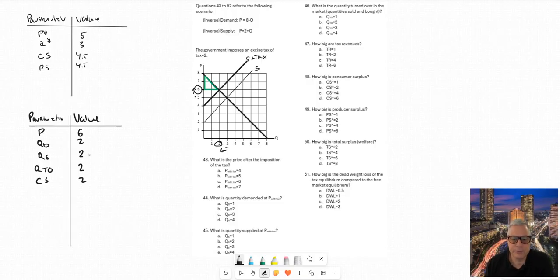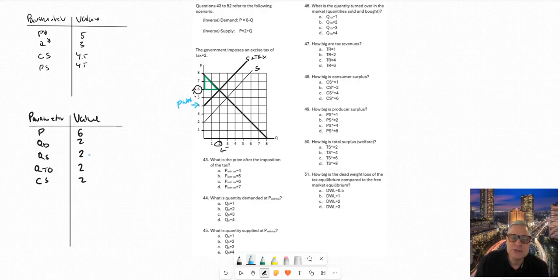And again, producer surplus is everything below the price that the producers get, and above their supply function, which is a lineup of all the firms' reservation prices, and the reservation price is given by the supply function. So the net price that they get is 4. That's the price that they get, even though the consumers pay at the cashier 6.